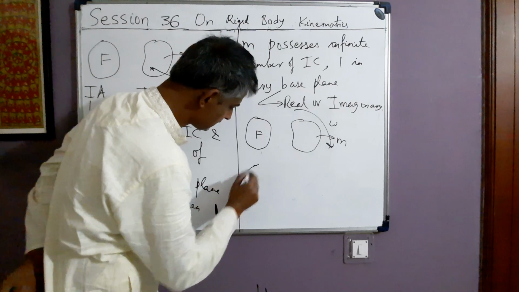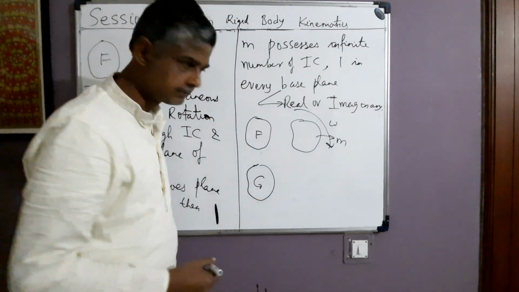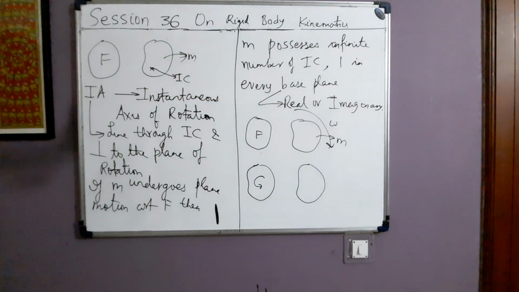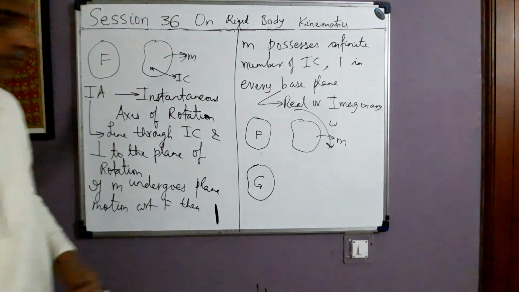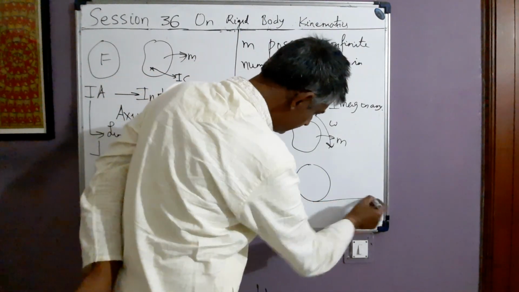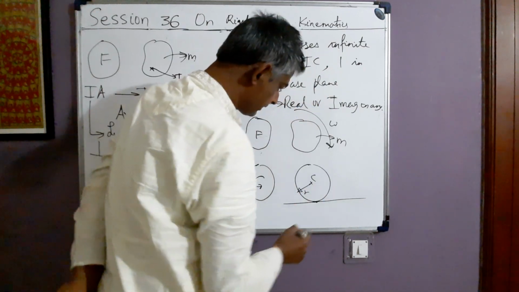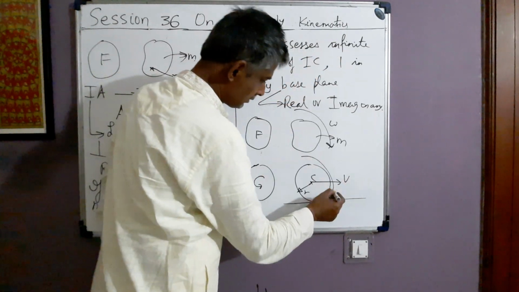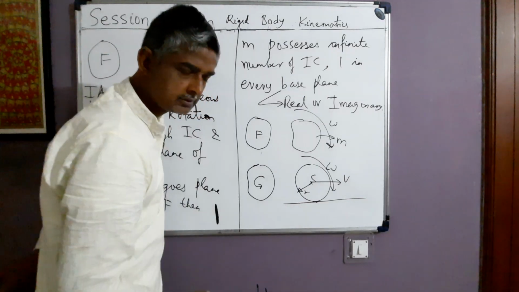To understand this concept, suppose G is the ground frame and M is a rigid body. Suppose this is the side view of a circular drum. C is the center, R is the radius. It moves at a speed v, rotating with omega, undergoing pure rolling over this surface.